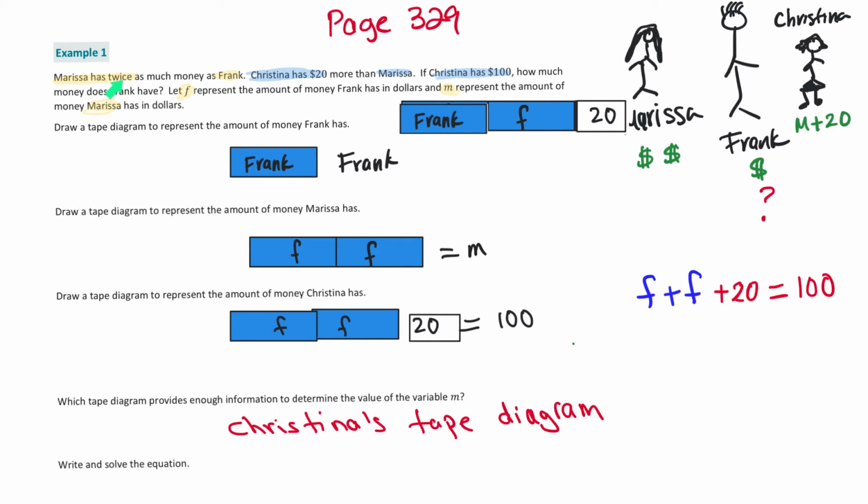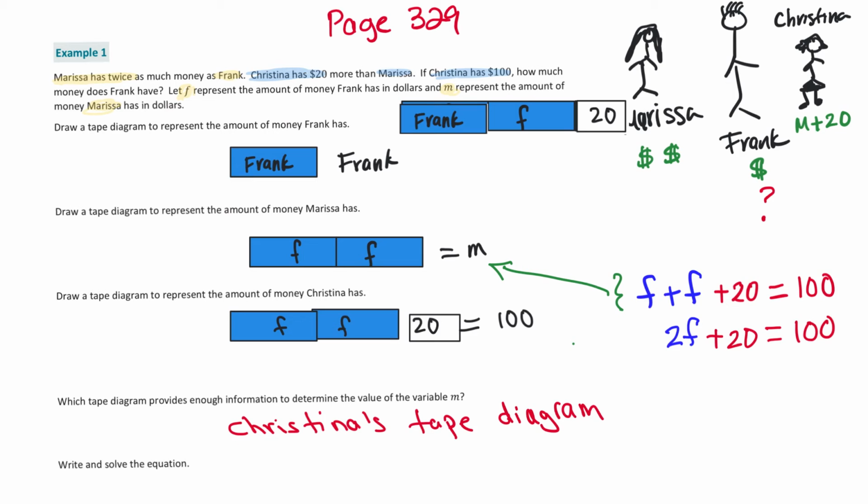Remember that the word twice is the same thing as 2 times something, right? So if I do F plus F, that is going to give me 2F. So this part here is the same thing as that. Plus your 20 equals 100.